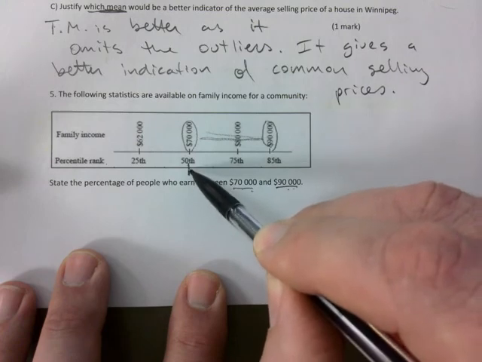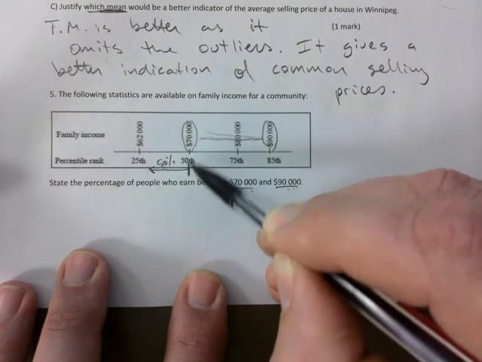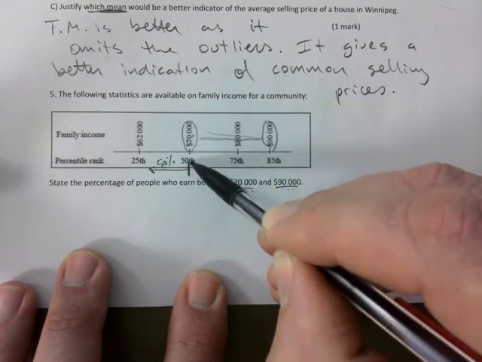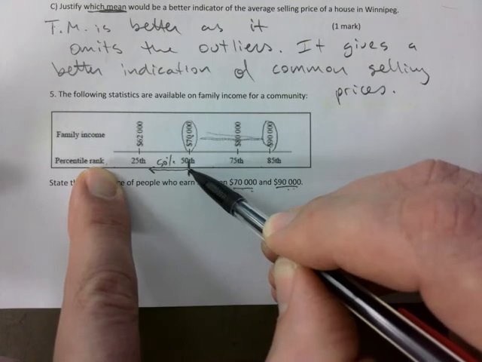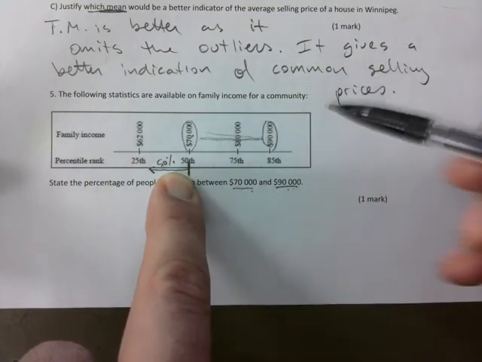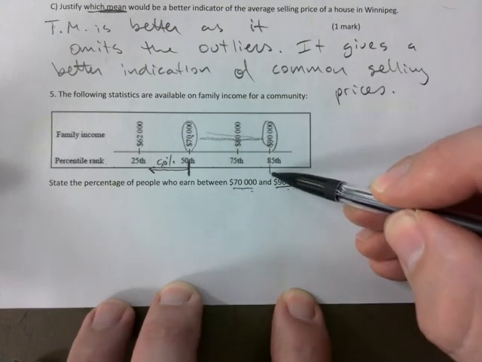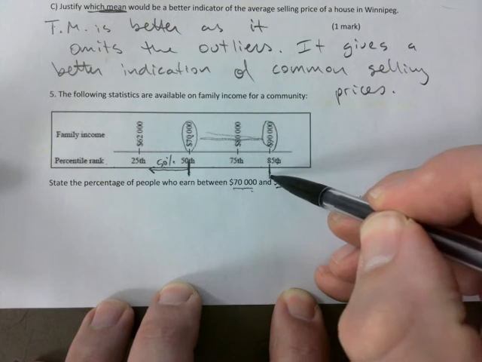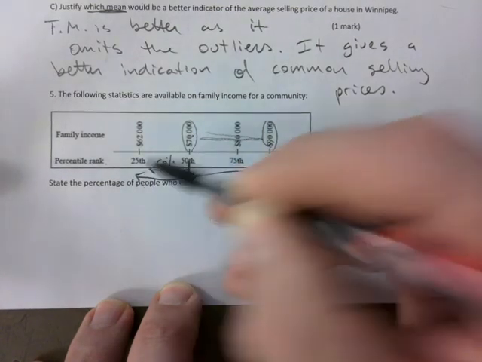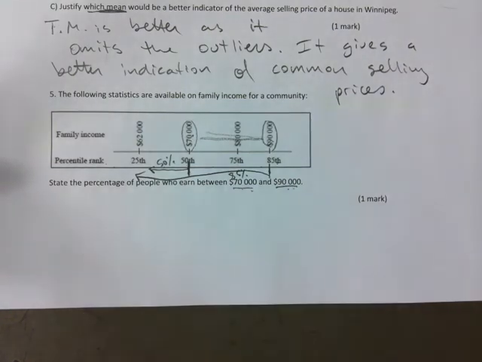This tells you that 50% of families, if you're at 70,000, that means half of the families make less than that income. If you're in the $90,000 range, you place in the 85th percentile, which means that 85% of families make less than you.